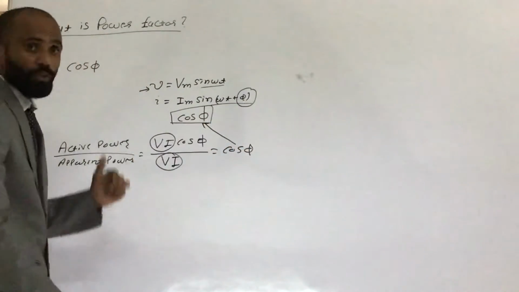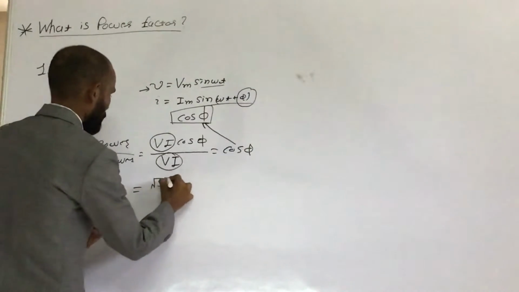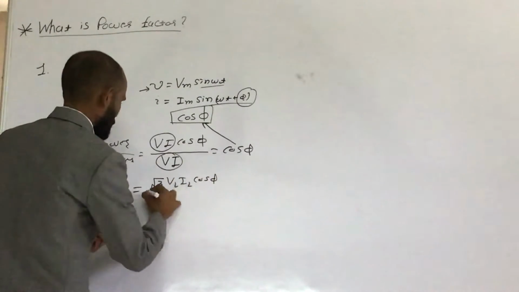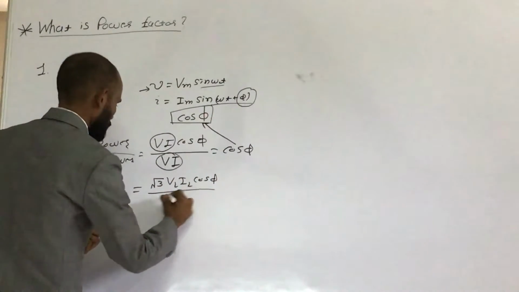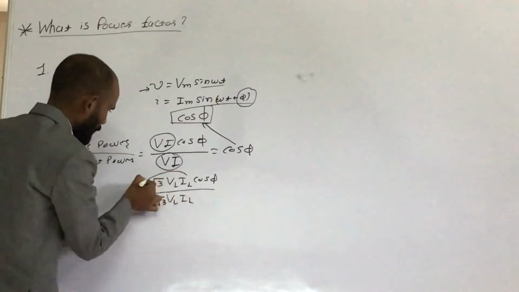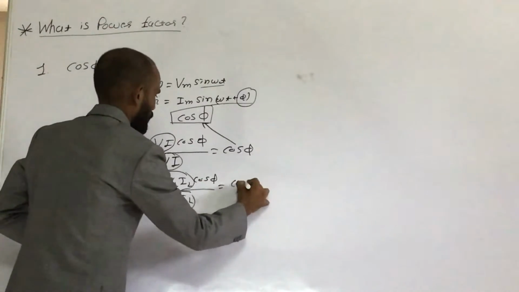Also in a three phase AC system, active power is given by root 3 VL IL cos phi, and apparent power is root 3 VL IL. So here also the term root 3 VL IL cancels out, and this is equal to cos phi.